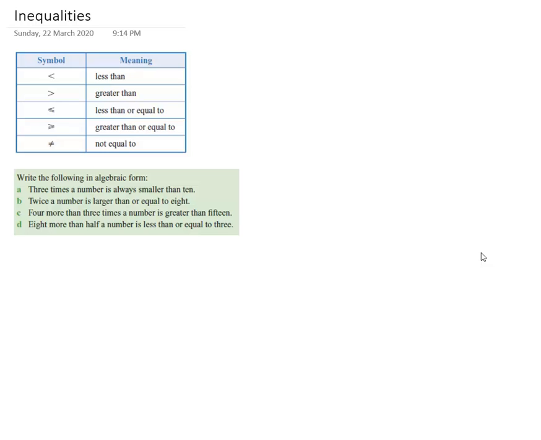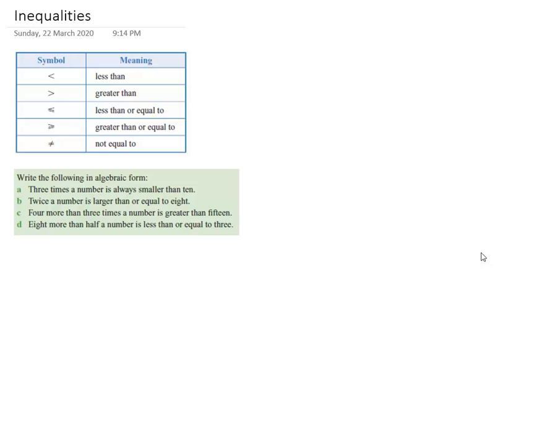Alright, so today's lesson we're going to be looking at inequalities. So what is an inequality? We've been looking at equations so far. An equation is anything that has a left side, an equal sign in the middle, and then a right side. An inequality has a left side and then a different kind of symbol and a right side.